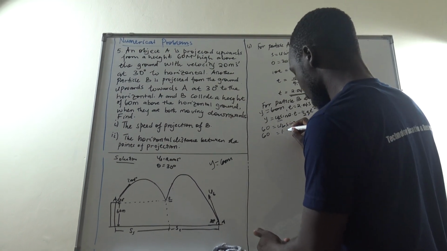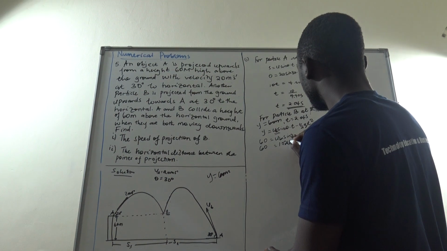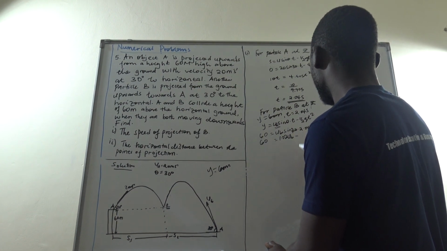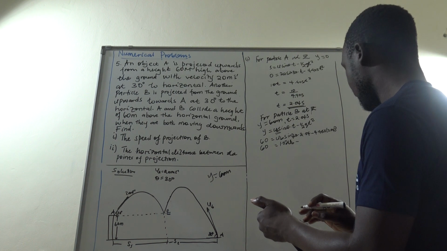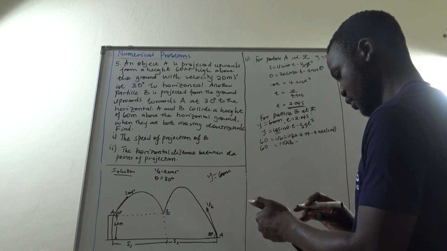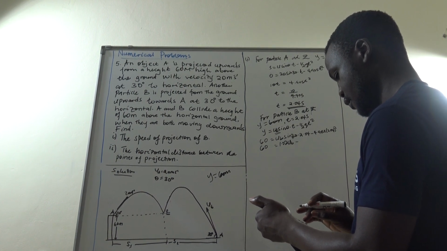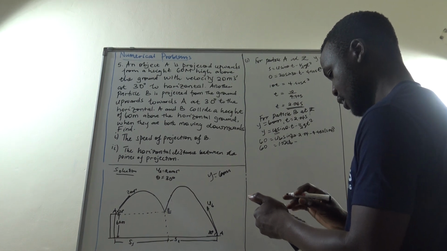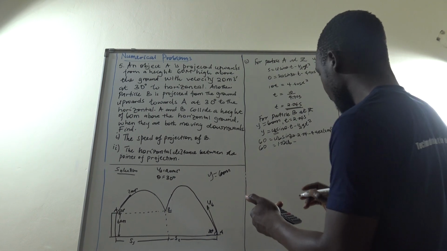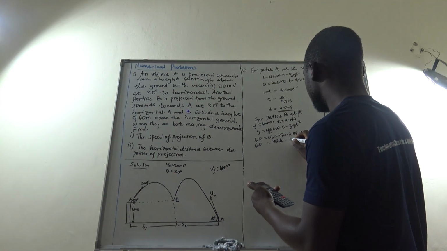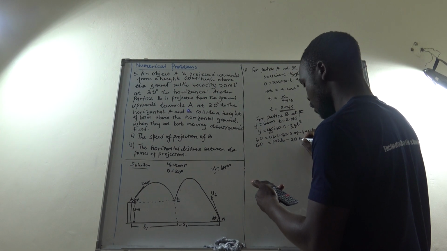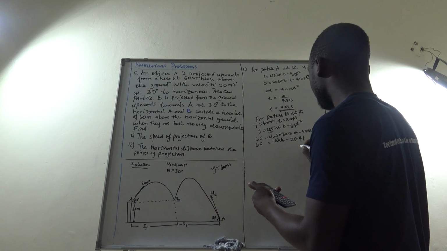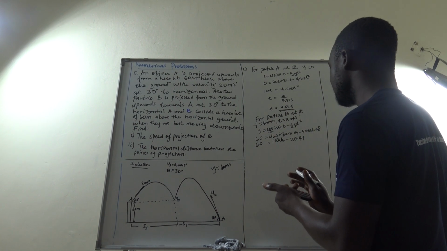This gives me 1.02 u_B minus 4.905 times 2.04 squared. This also gives me 20.41. I collect my like terms.